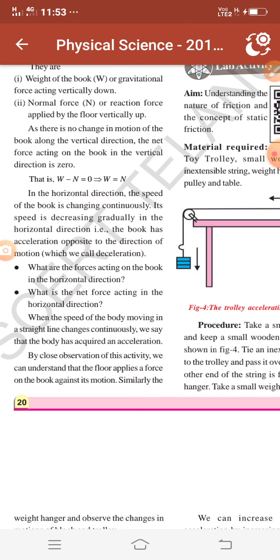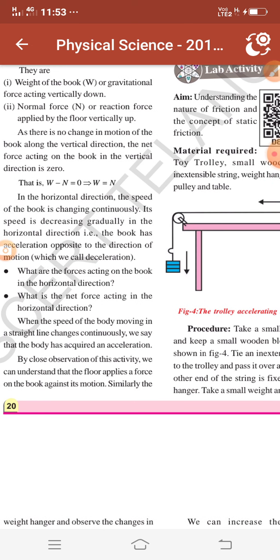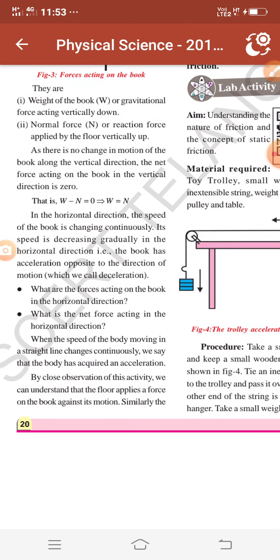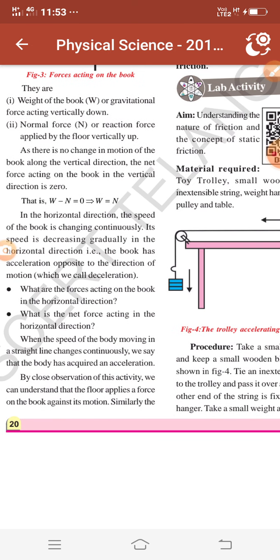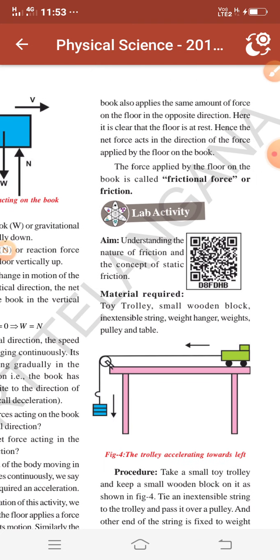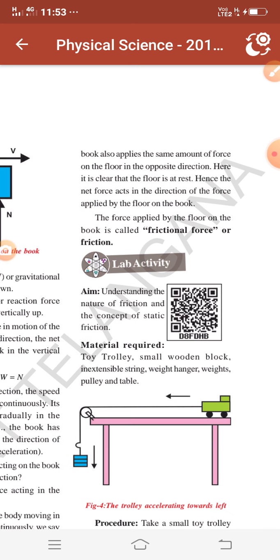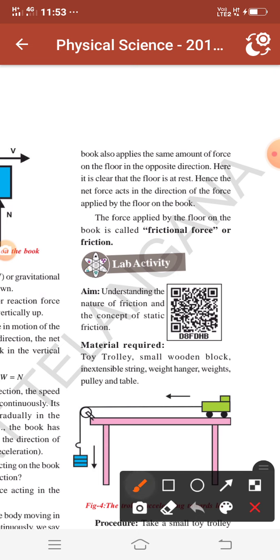So, by close observation of this activity, we can understand that the floor applies a force on the book against its motion. The force applied by the floor on the book is called frictional force. Which force?